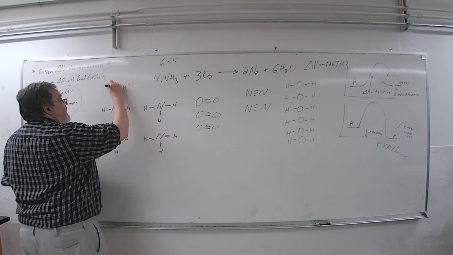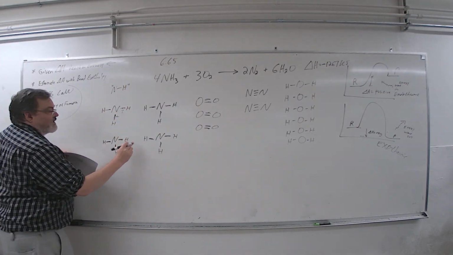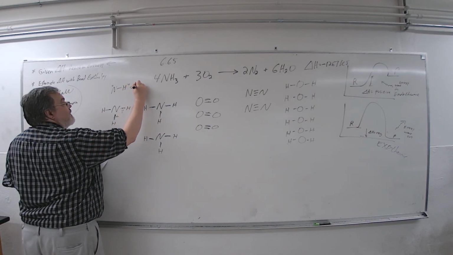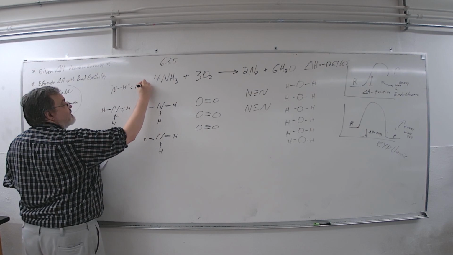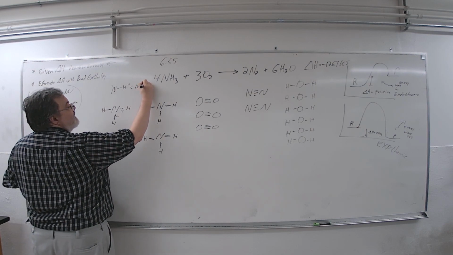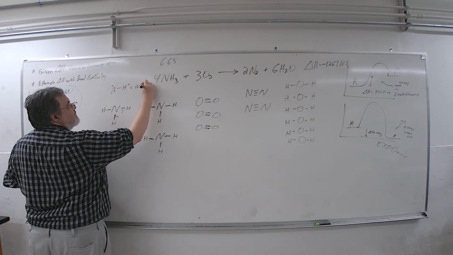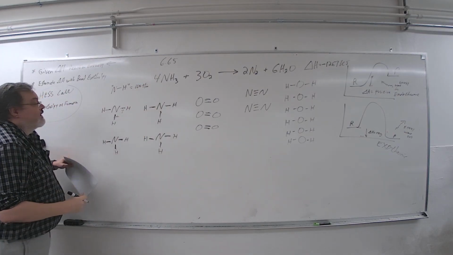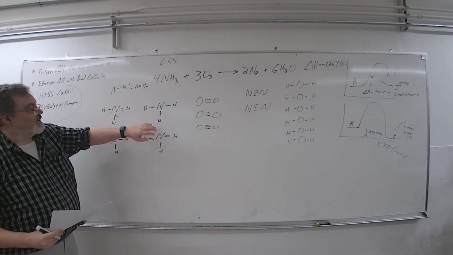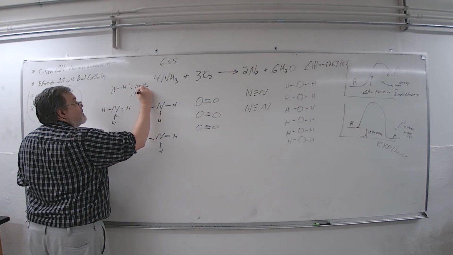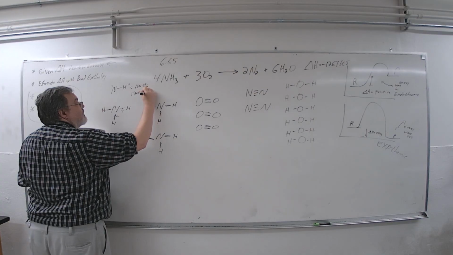So N to H, 1, 2, 3, 4, 5, 6, 7, 8, 9, 10, 11, 12. If the N to H bonds were, let's just say, 100, I think these are in kilojoules per mole is how they do it. 1, 2, 3, 4, 5, 6, 7, 8, 9, 10, 11, 12. That means we have 1,200 kilojoules, we just do it per mole.